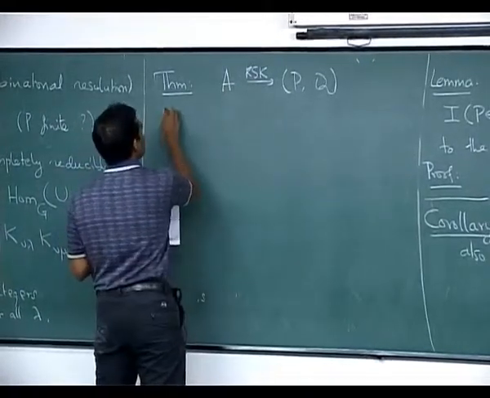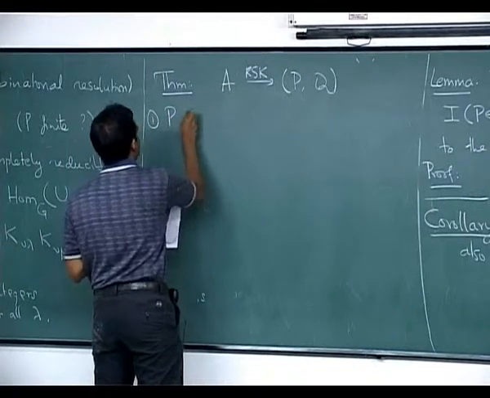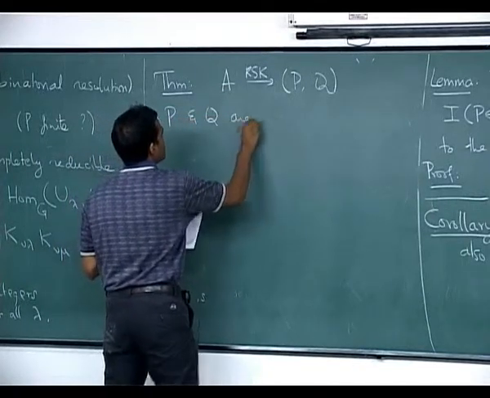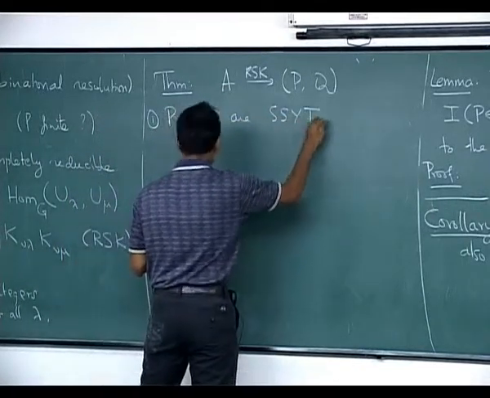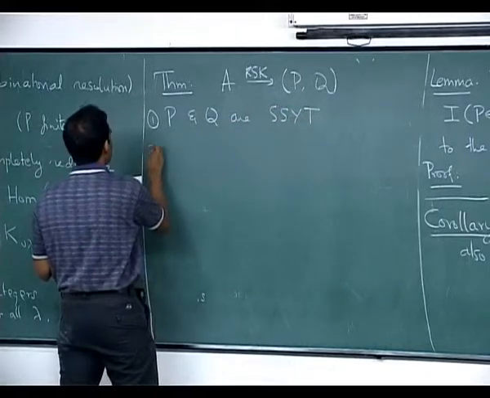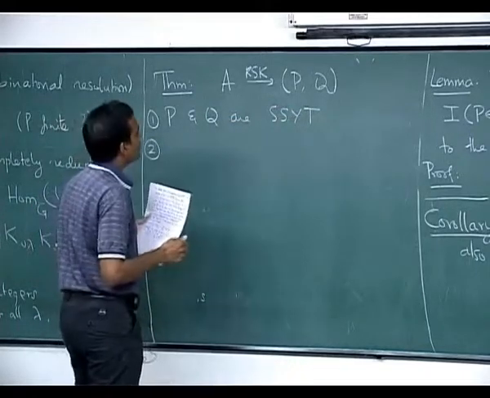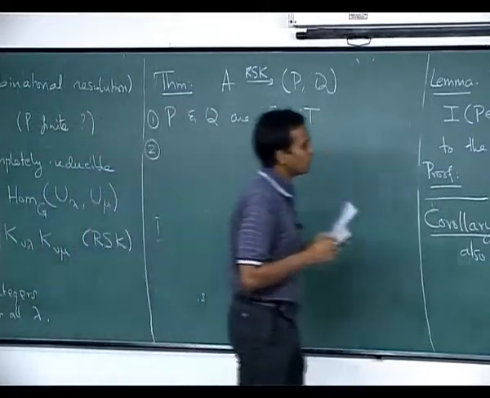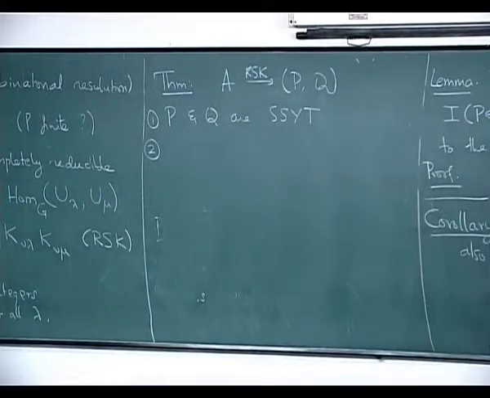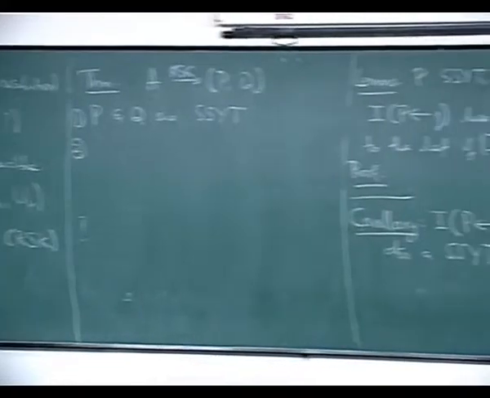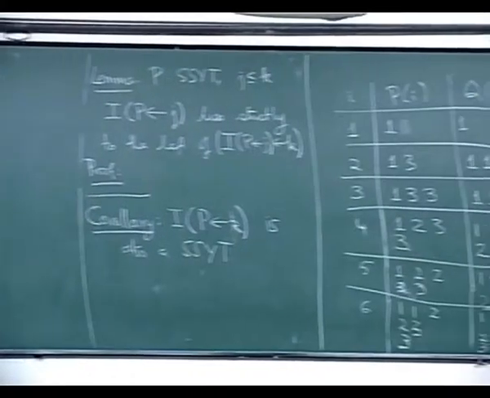Then P and Q are semi-standard Young tableaux. You can easily see the types of P and Q because you're saying how many times you're inserting i and j into the tableau. These are inserted into P and these are inserted into Q. These are the column numbers and these are the row numbers.